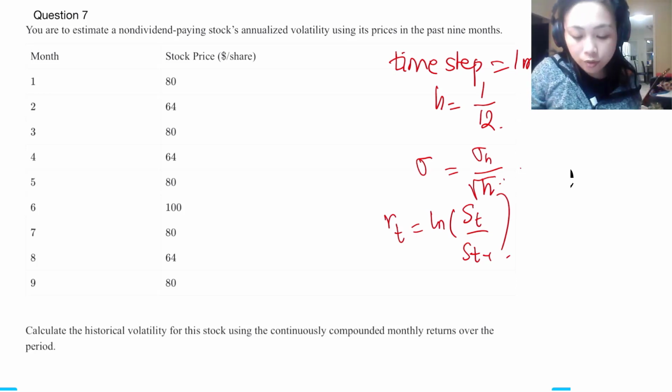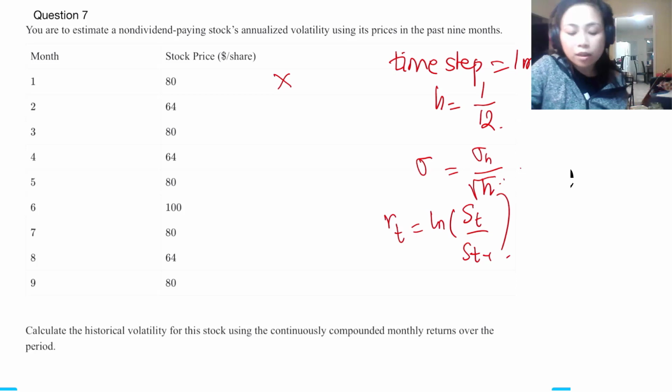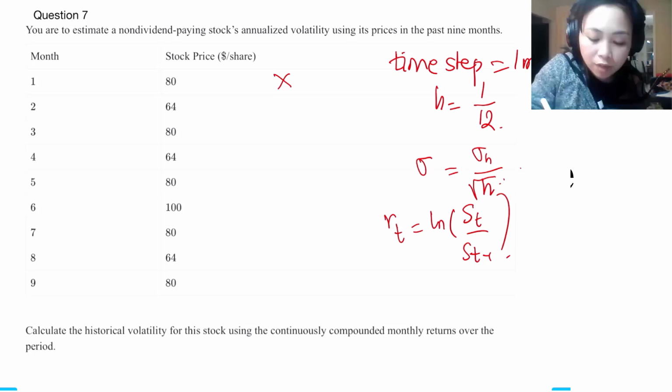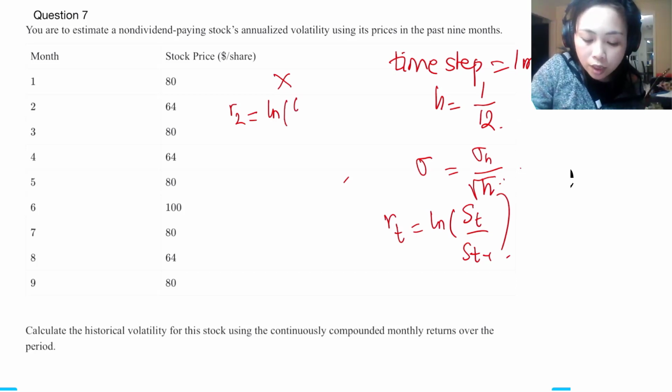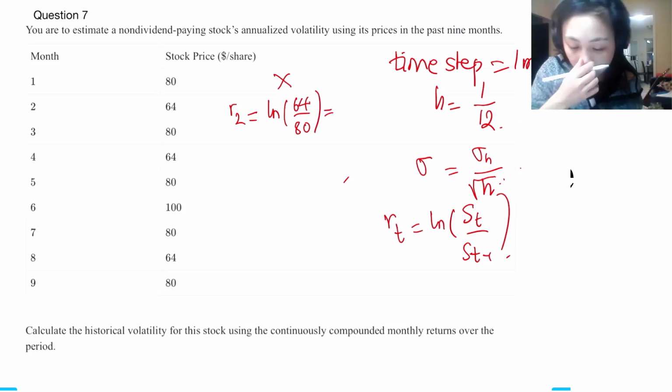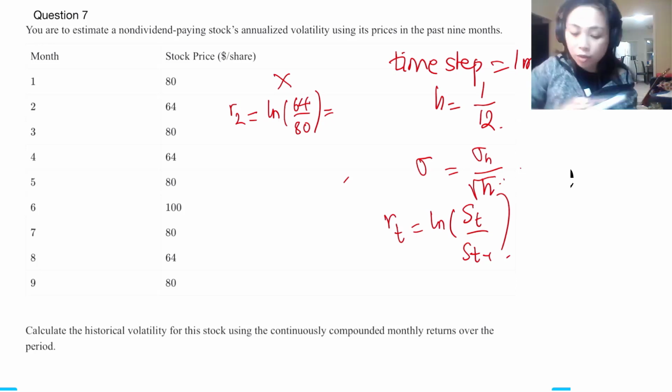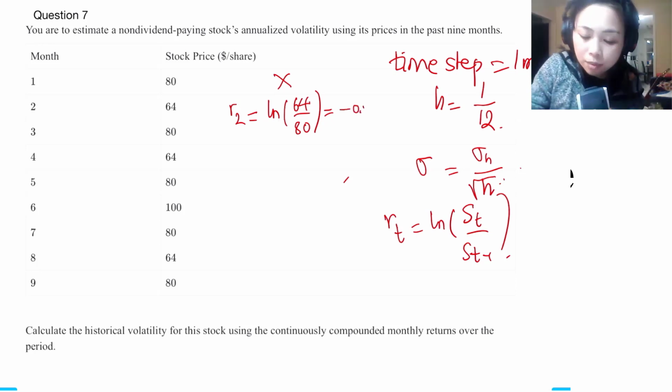Then we continue. R3 is natural log of 80 over 64, so it should be 0.22. R4 is natural log of 64 over 80, which is negative 0.22. Then R5 is natural log of 80 over 64, which is 0.22. R6 is 0.22.